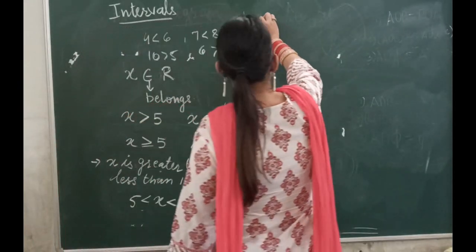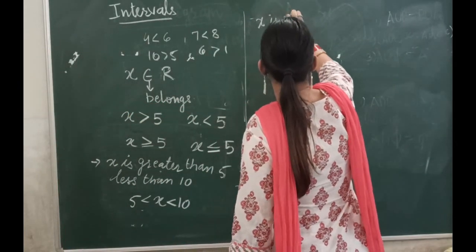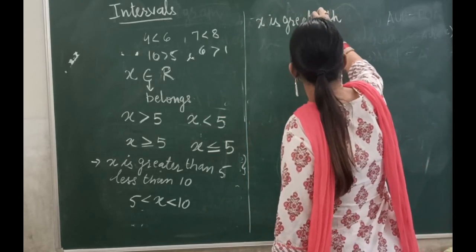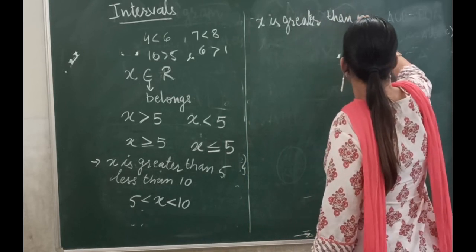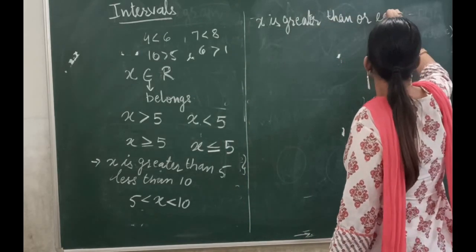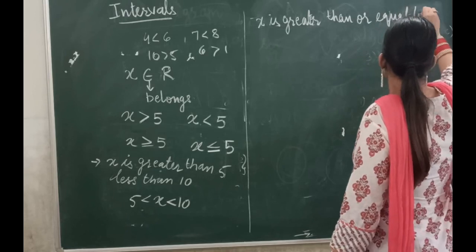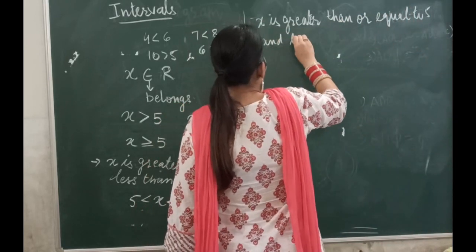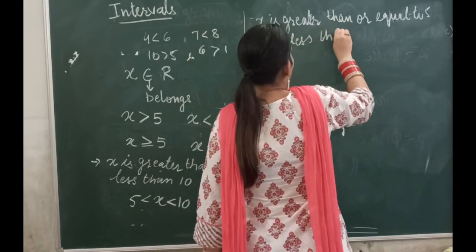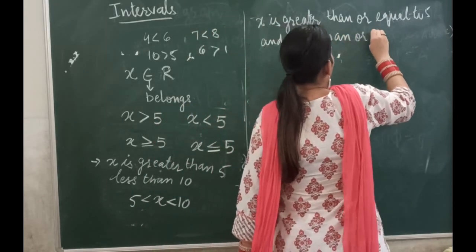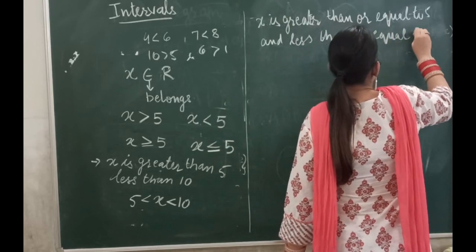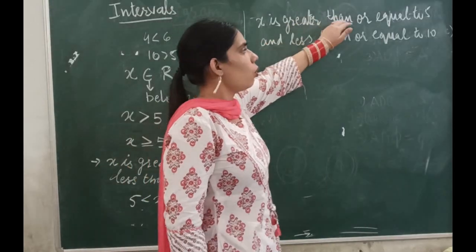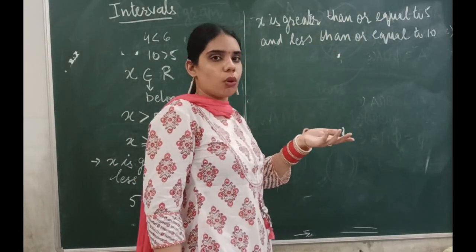Now I am saying x is greater than or equal to 5 and less than or equal to 10. Now here I am saying it can be greater, and it can also be equal.